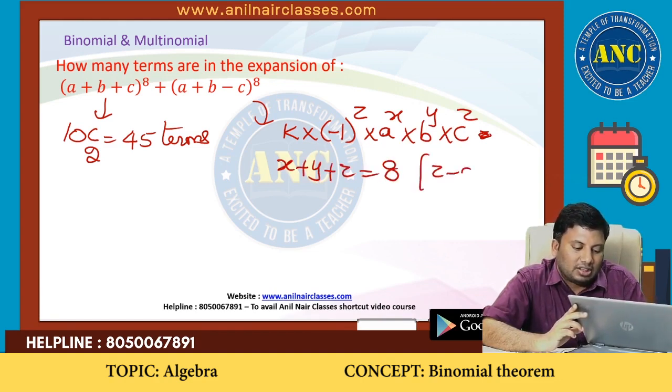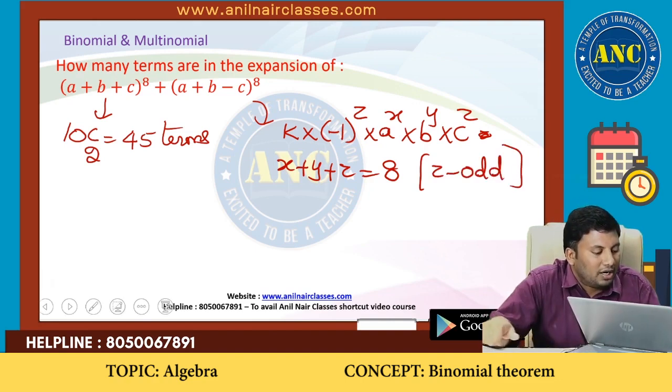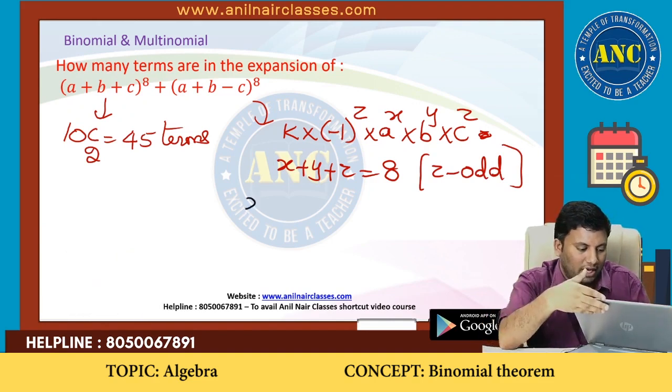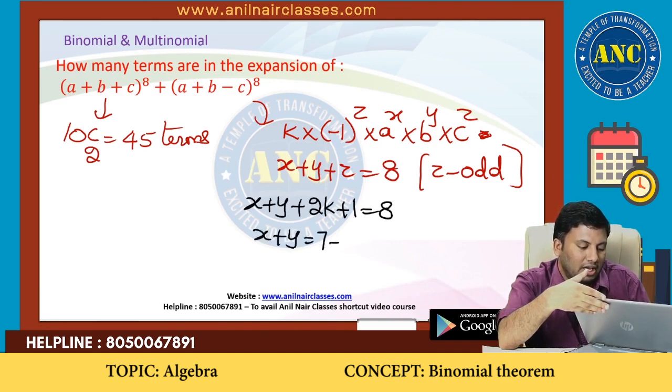Z is nothing but an odd number. Why is it an odd number? Because it is A plus B minus C. If Z is even, minus 1 square will become positive. X plus Y plus 2k plus 1 equals 8. X plus Y equals 7 minus 2k.